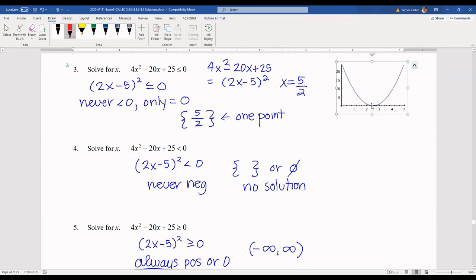The 5/2 is included simply because of the or equal. Or in other words, in this case, that one point because of that or equal.